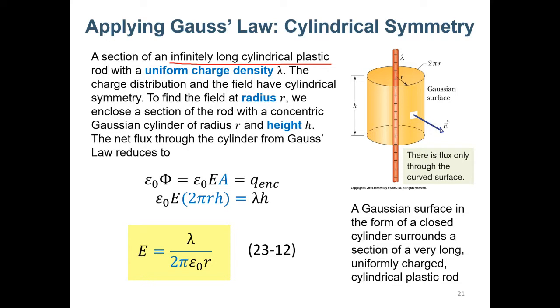The other point is that the E field inside the conductor should be zero for the static case. So this is the property you need to consider for the conductor.